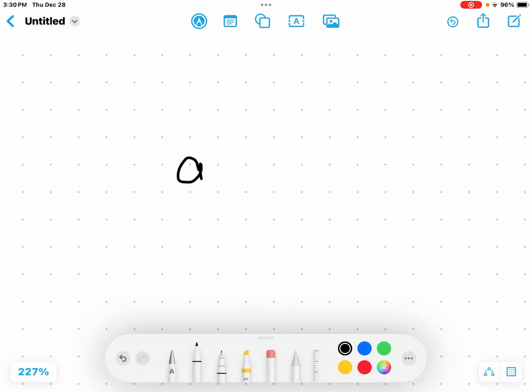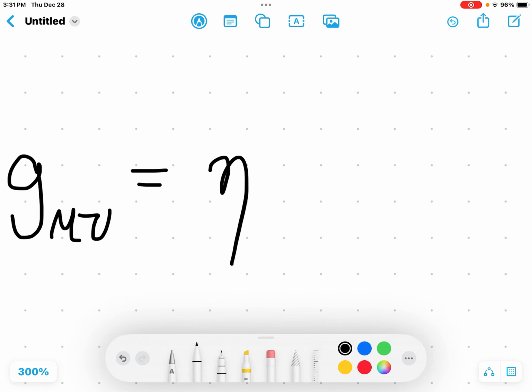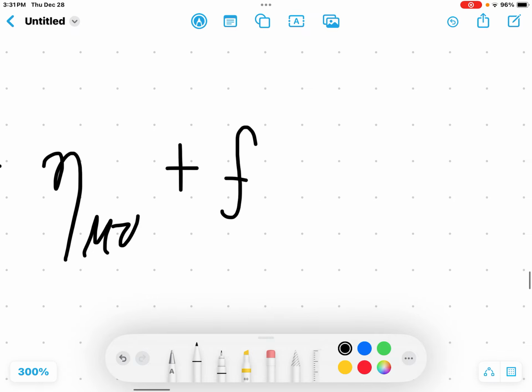So I'm going to say my g mu nu is equal to my Minkowski metric, eta mu nu, plus f times these two component vectors, k mu, k nu.